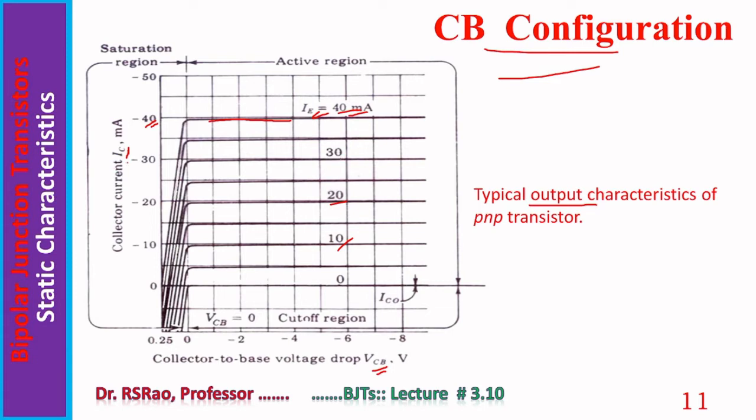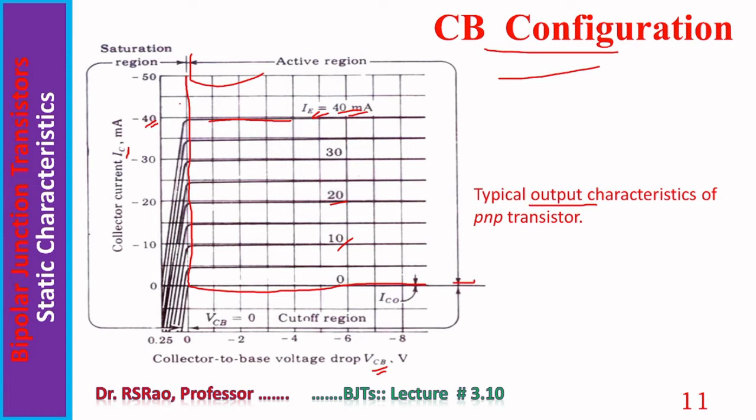Similarly, IE is 30, IC is also 30, of course with negative sign. 20, 20, 10, 10. And this is the case, notice, when the transistor is in active region. Active region is indicated here.